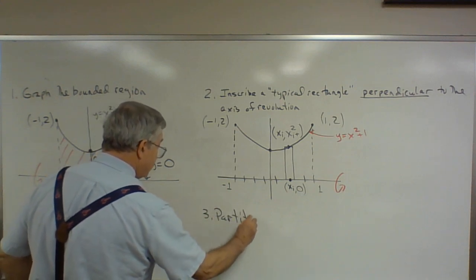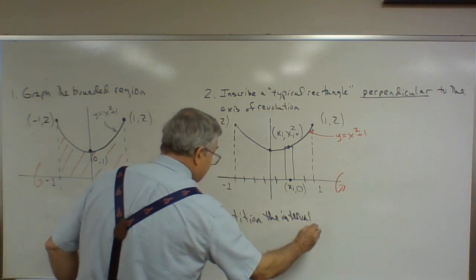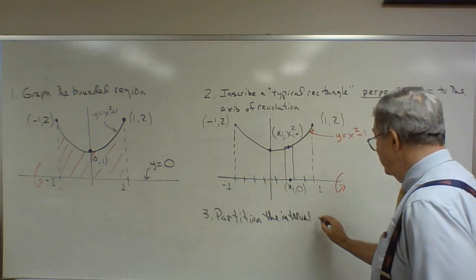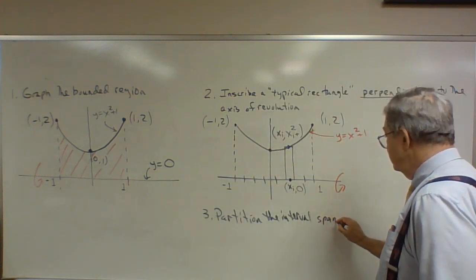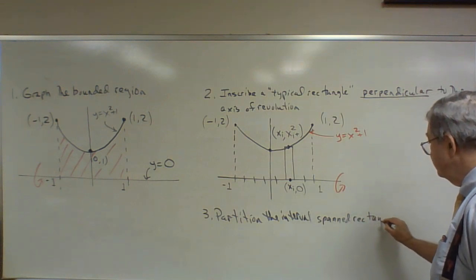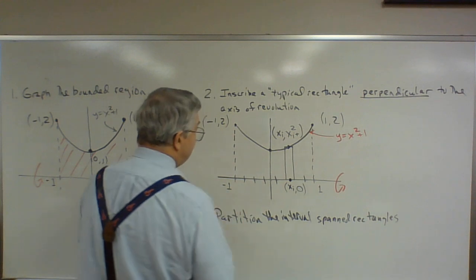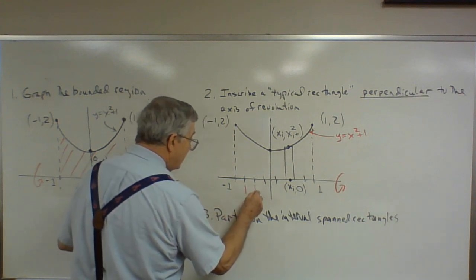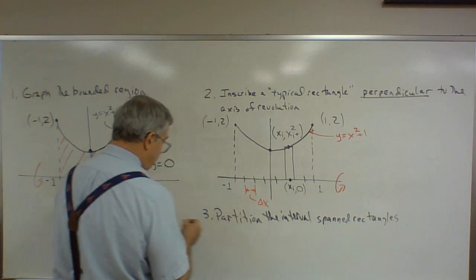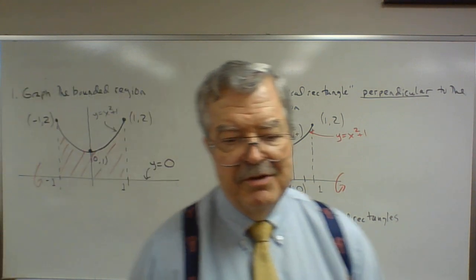Partition the interval spanned by the rectangles. And each of these subintervals has width delta x. Good. We're good up to step 3.